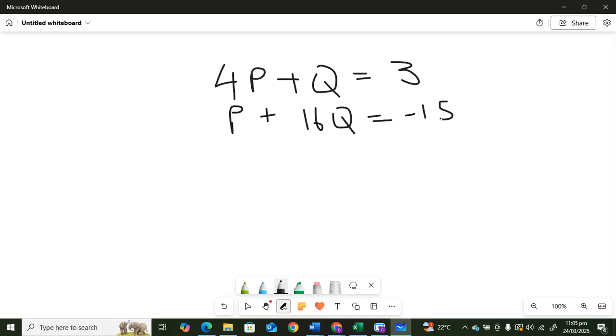Okay, we can use substitution method, because we can easily make P or Q the subject of the formula.